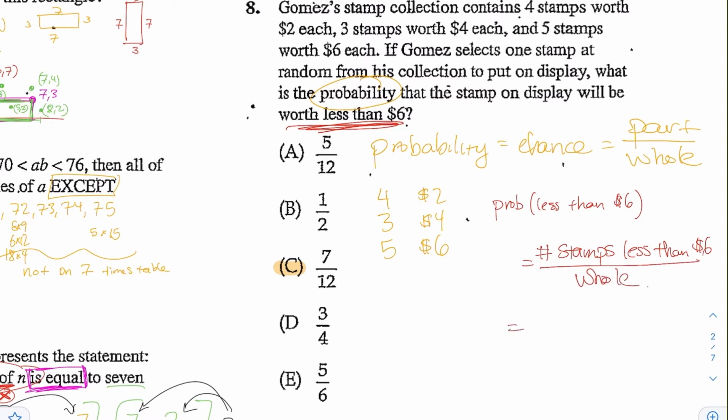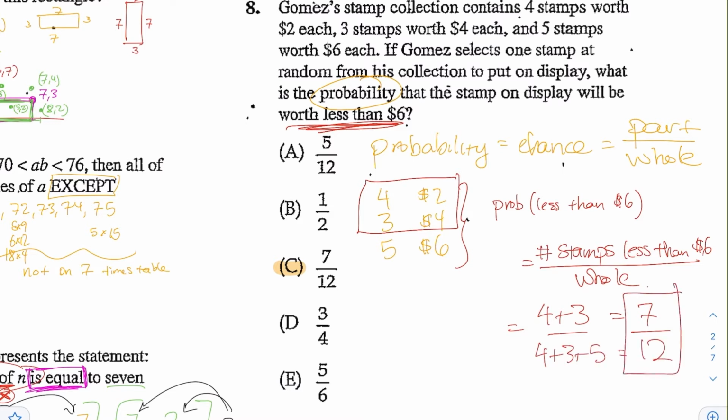So if you count the ones that have a value less than $6, that's 4 plus 3, which is equal to 7. So 7 stamps less than $6, and the denominator is the total, so that's 4 plus 3 plus 5, which is 12. So the fraction will be choice C, 7 over 12.